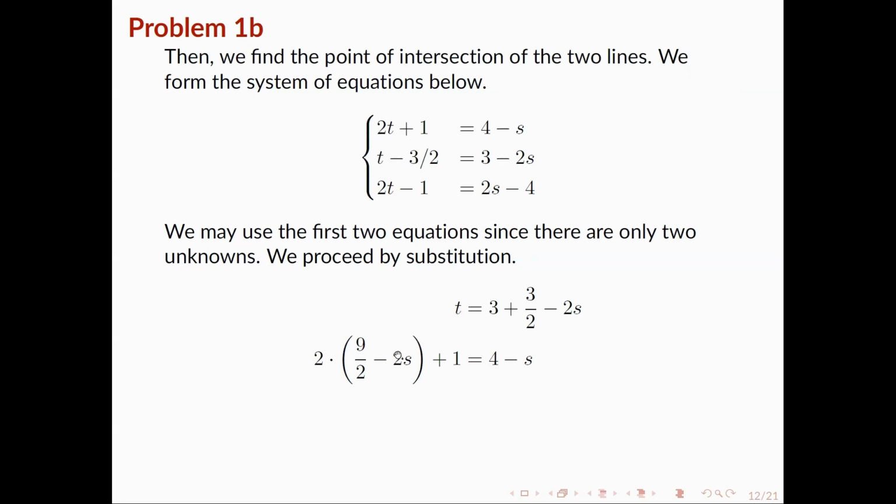So we're going to have 2 times, ito, pag pinag-add to, 9 over 2. So dyan siya galing. So 2 times 9 over 2 minus 2s plus 1 equals 4 minus s. And upon simplifying, we're going to have that. And then, we're going to have s equals 2.